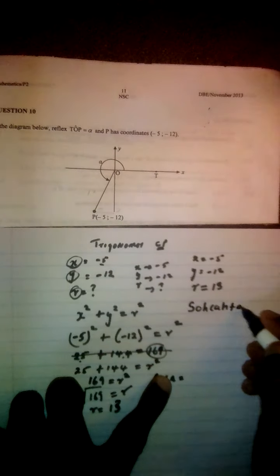Where we say the trig ratio sine of an angle is opposite over hypotenuse, because O is for opposite, H is for hypotenuse.